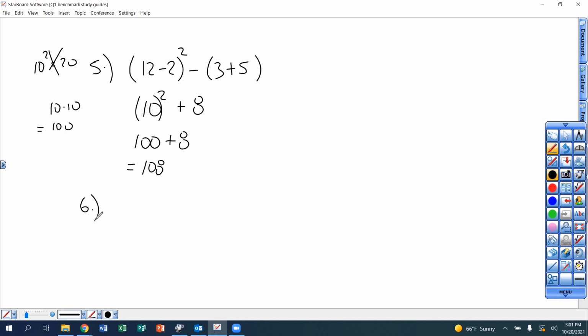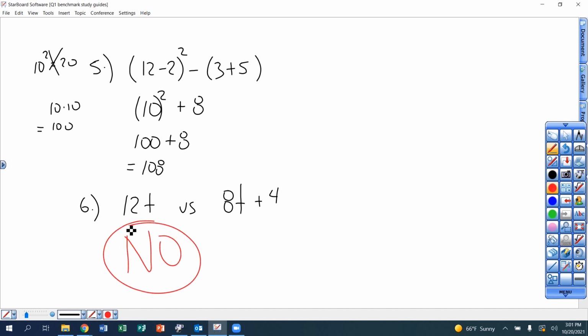Number 6, 12t versus 8t plus 4. Are they equivalent? Please, tomorrow, first word you need to write is big word no. They are not equivalent. No. Those are not the same.